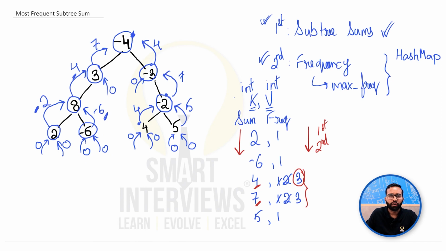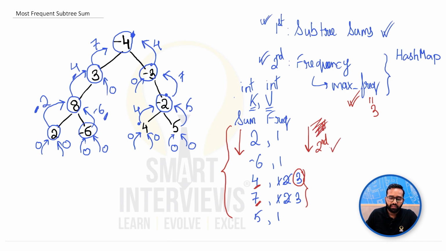Alternatively, what we can do is, while populating the entries in the hash map itself, in that iteration itself, we can keep storing the max frequency. If we do that, by the time we populate the hash map, our max frequency will be 3. So we can skip our first iteration.